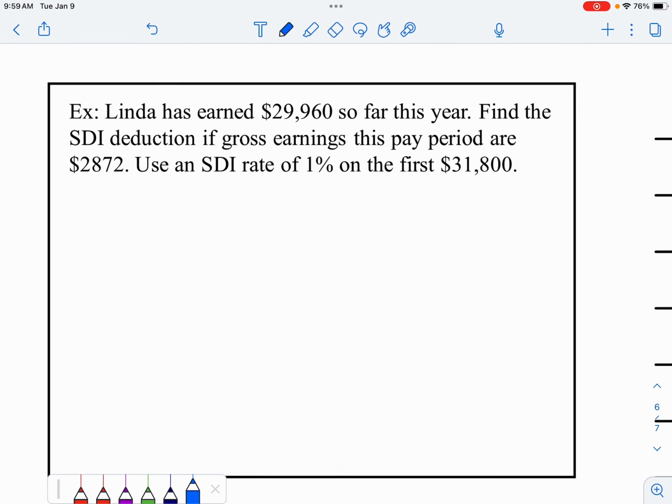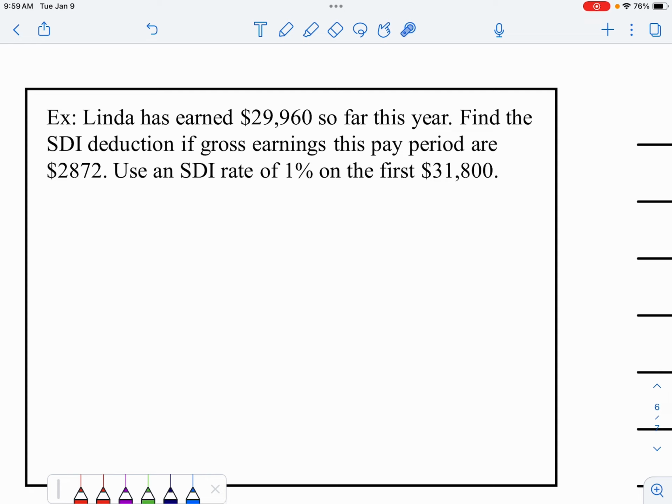So let's look at this example. Linda has earned $29,960 so far this year. Find the SDI deduction if gross earnings this pay period are $2,872 and use SDI rate of 1% on the first $31,800.